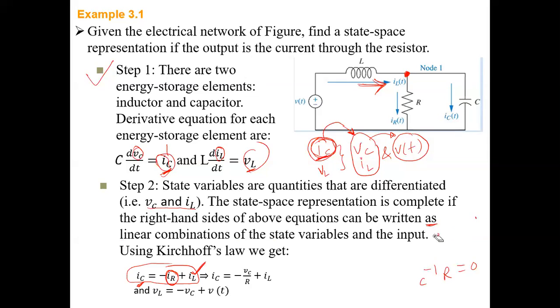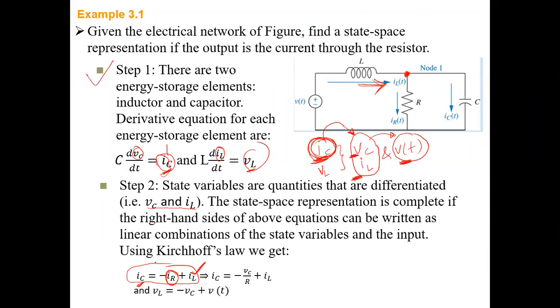No, how do you write it? Because your goal is to write IC in terms of VC, IL, and VT. You have to write your IC in terms of VC, IL, and VT.